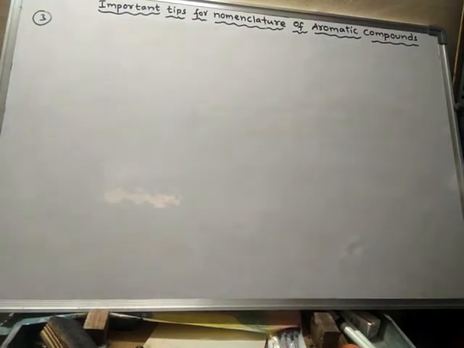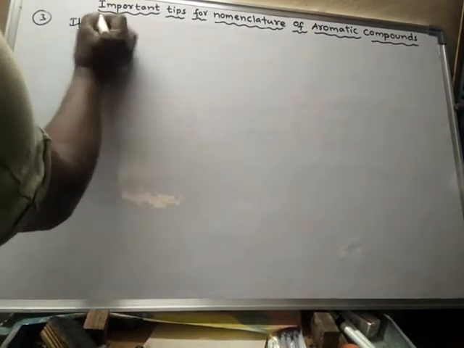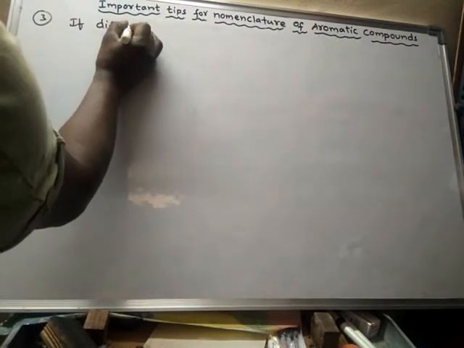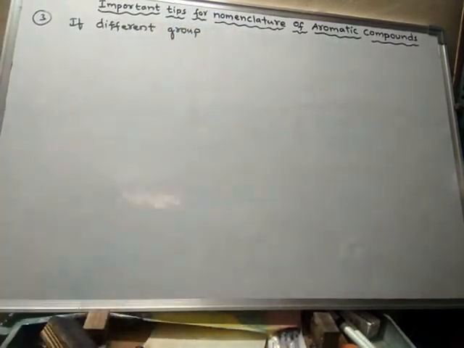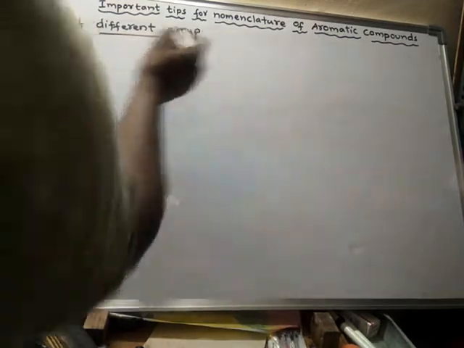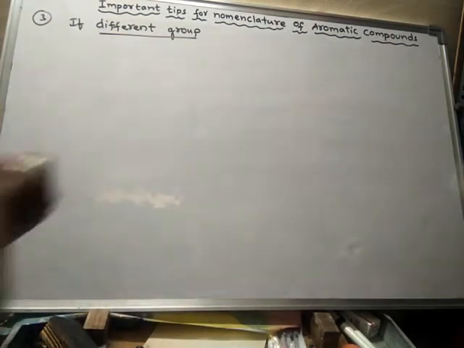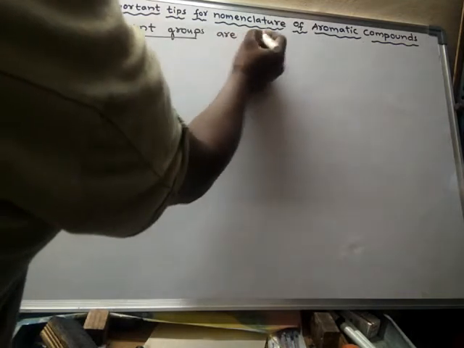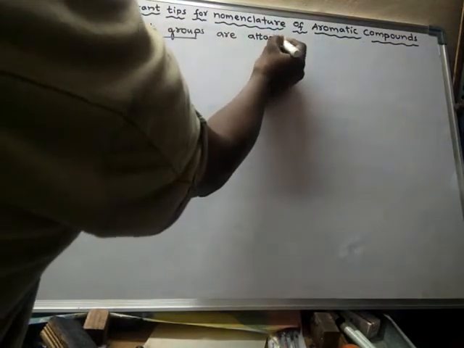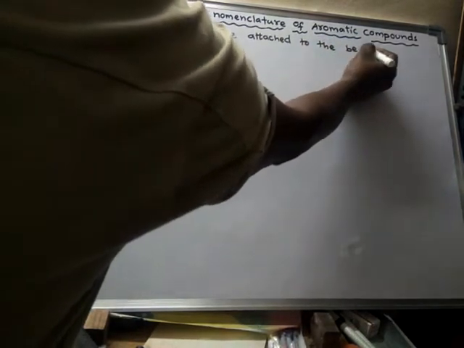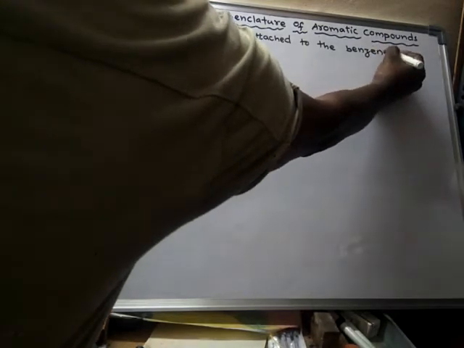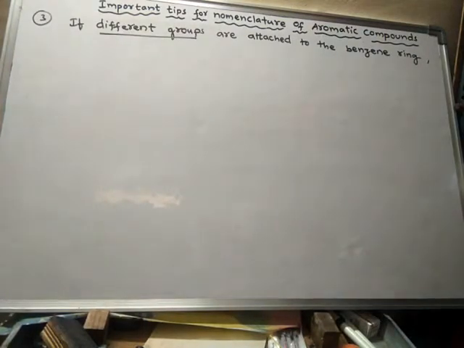If different groups are attached to the benzene ring. In the previous case we have seen similar groups. Now we will see about different groups. If different groups are attached to the benzene ring, then we have to follow certain rules.